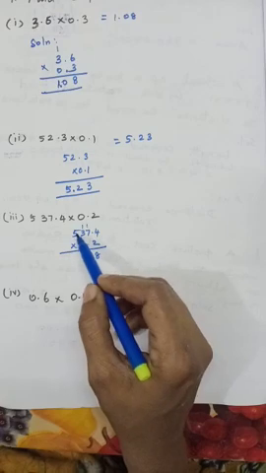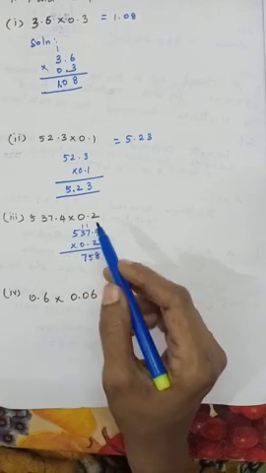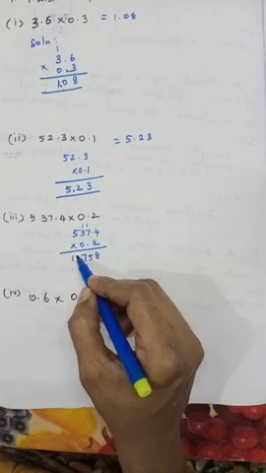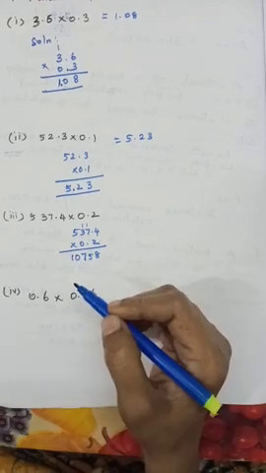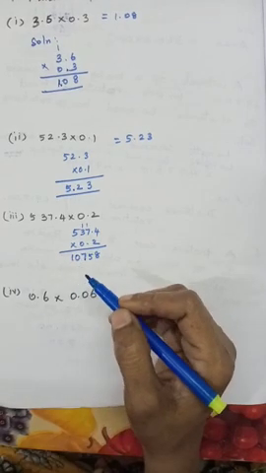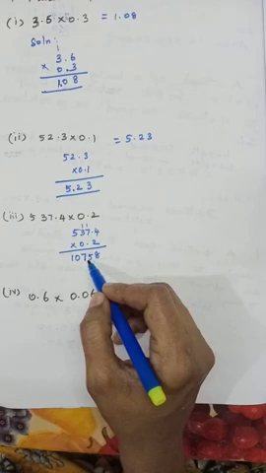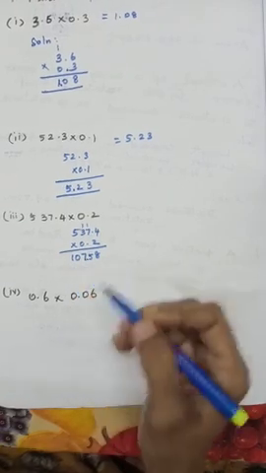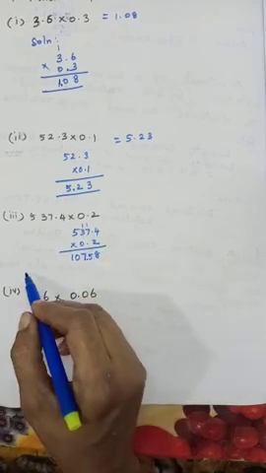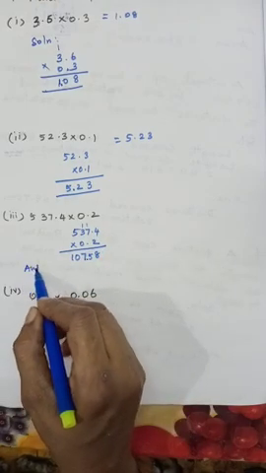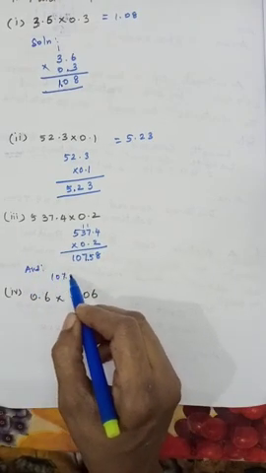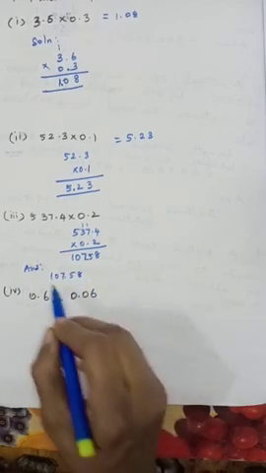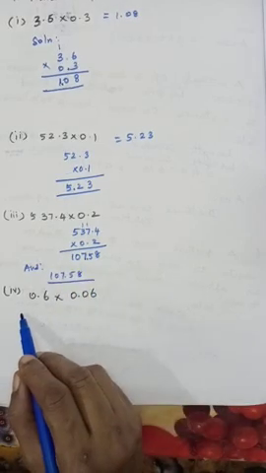Then 2 5s are 10. After 2 digits you have to keep point. Okay. 107.58. So the answer is 107.58. Then sixth problem.